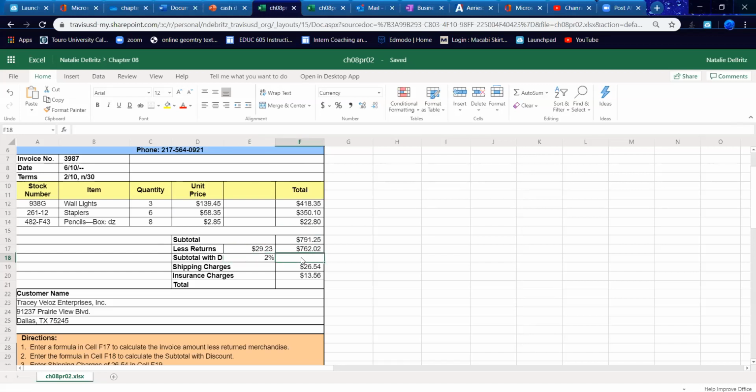So with a 2% discount, then I'm going to take this amount. With the discount included, it's going to be the base amount times the complement. And again, it's going to be 98%.